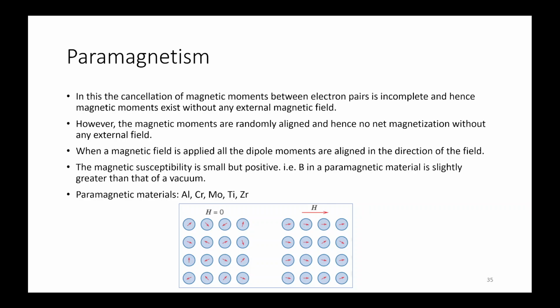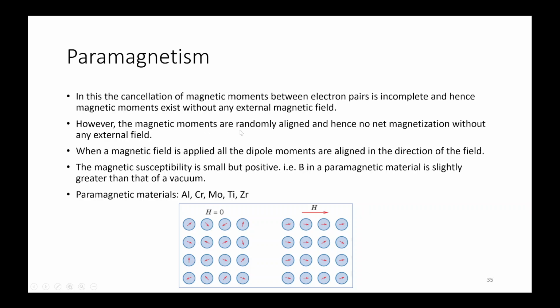Other materials are paramagnetic materials. In these, the cancellation of magnetic moments between electron pairs is incomplete. Hence, some magnetic moments exist without any external magnetic field. So, when we have no external field, there will still be some moments.